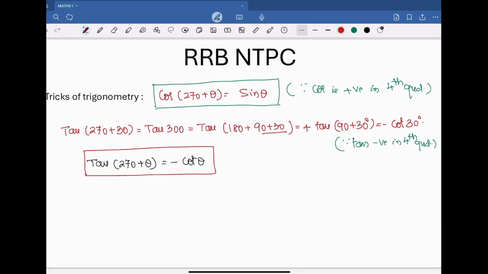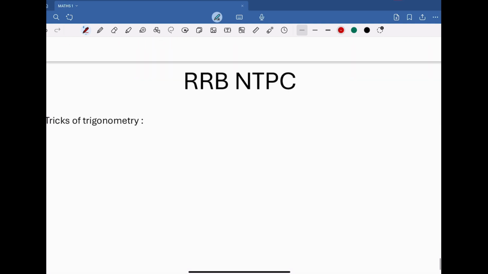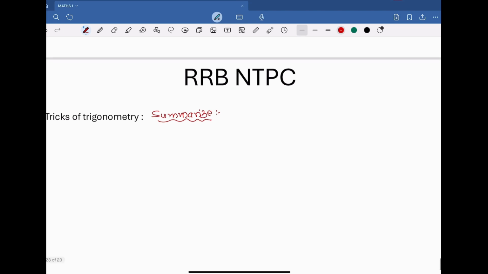Now, can we try to summarize whatever we have learnt for different quadrants? First quadrant, theta is less than 90 degrees, that means acute angle.